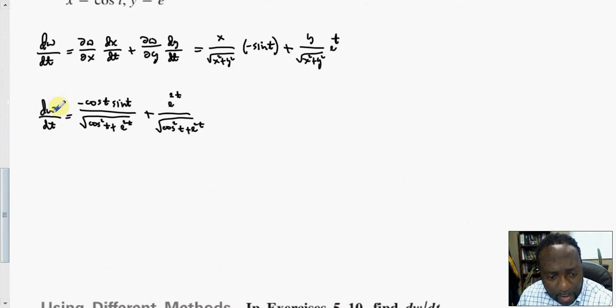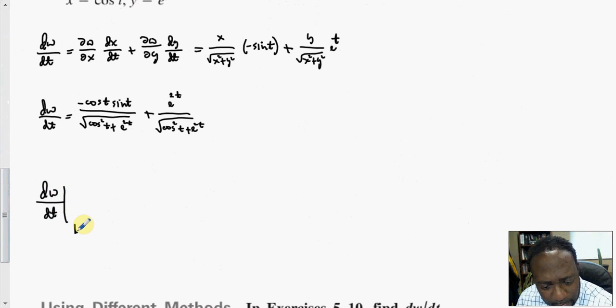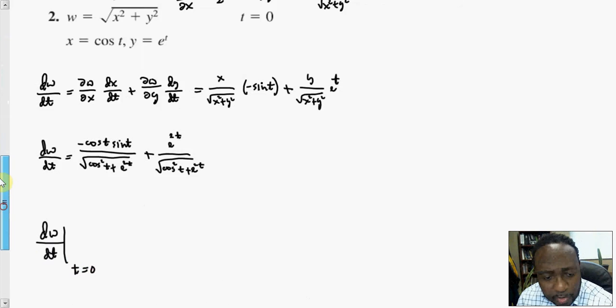Now it says evaluate dw over dt at t equal to 0.